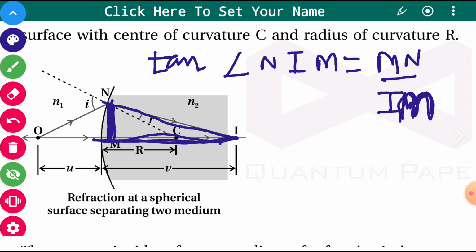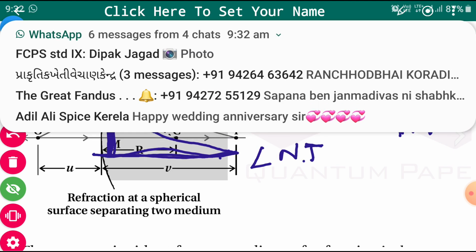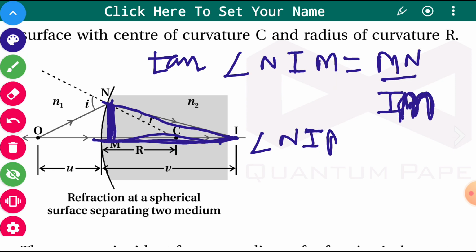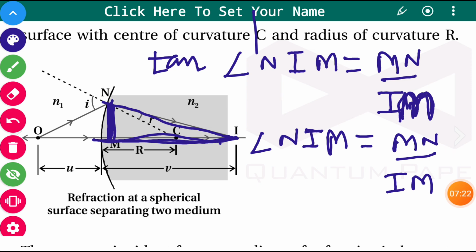So angle NIM is equal to MN upon IM. So these are the three different angles which we have taken into consideration. Tan NIM is equivalent to angle NIM, and that is found to be MN upon IM. So these three things first you write in your notebook properly.